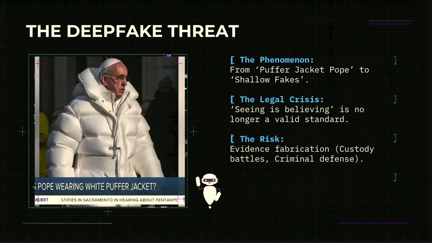It can create some kind of crime scene out of nothing. And it is very hard for the judge or the court to consider what the real evidence actually is.